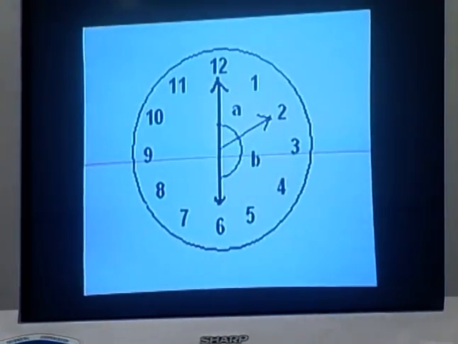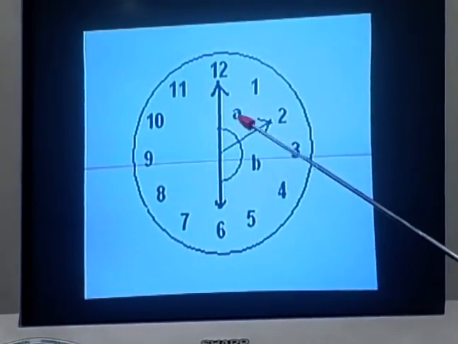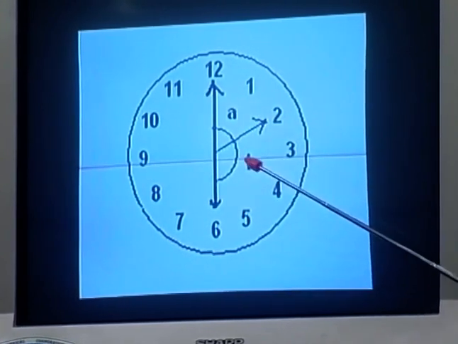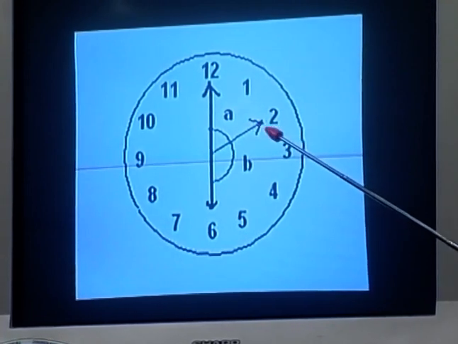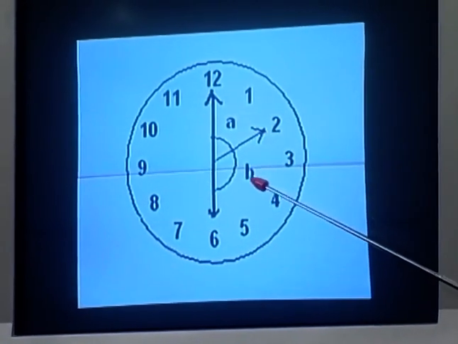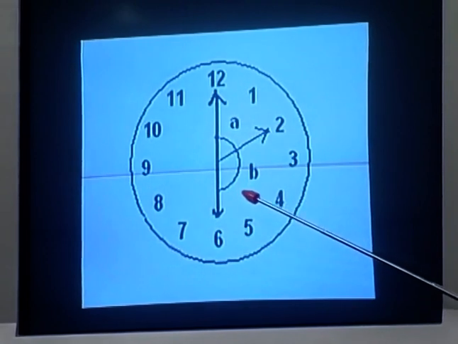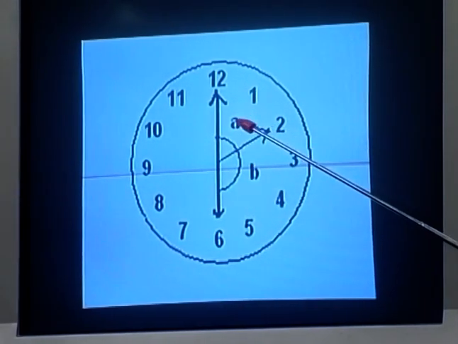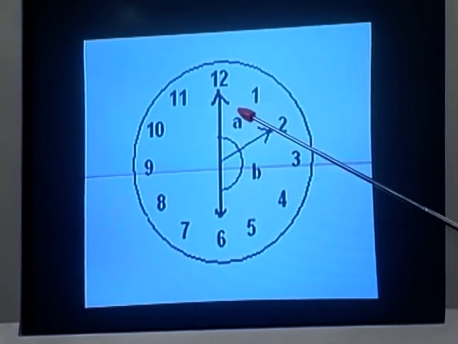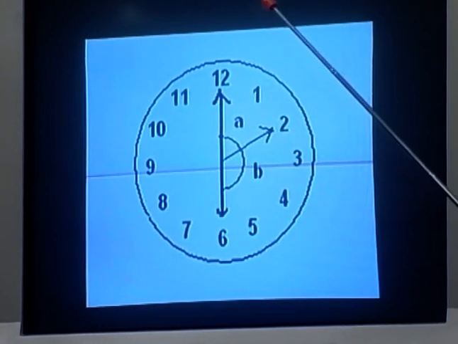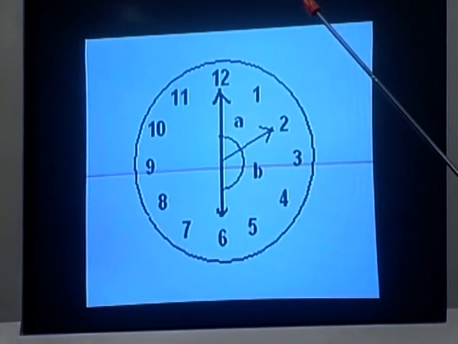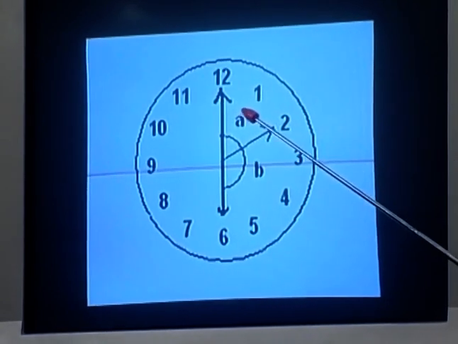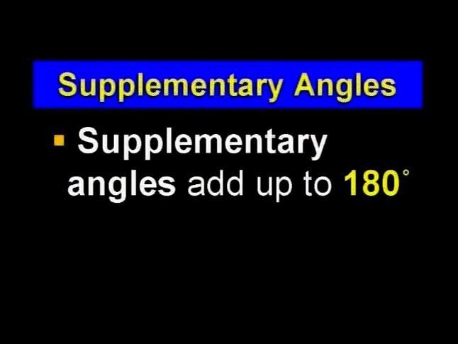When we name each angle, angle A and angle B, angle A is supplementary to angle B, and angle B is supplementary to angle A, meaning that when you add these two angles together, it comes up to 180 degrees. So these angles are known as supplementary angles. Okay?